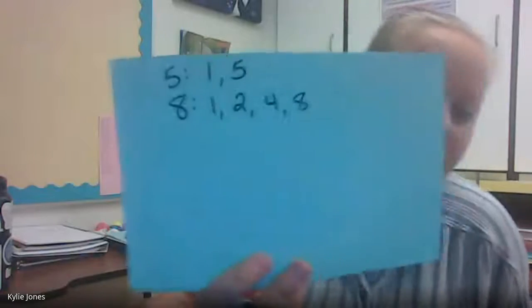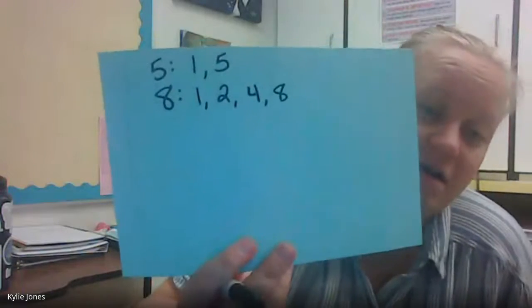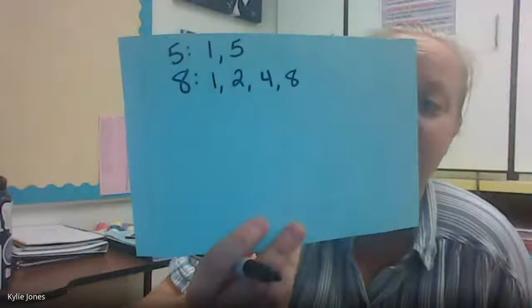So if we were to list them out, all we'd have is 1 and 5. Now, what numbers multiply into 8? 2 and 4. What else? And a 1 and 8. Those still multiply into 8, right? So now we have all of the factors of 8 and 5 listed out.